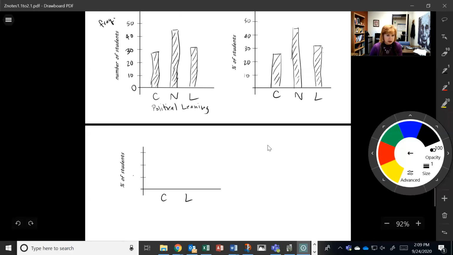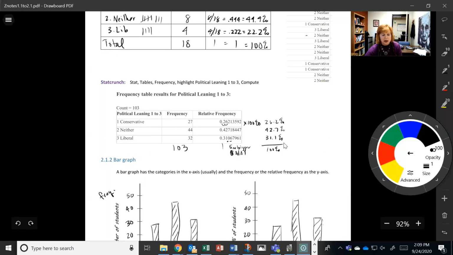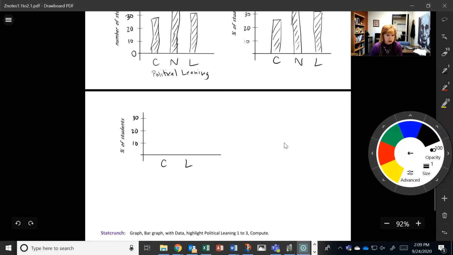So 10, 20, 30. The first one was 26.2. It's going to be about here. Again, I have to have 0 at the bottom. Liberals, 31.1. And that gives me a feel that there's a little bit higher percentage of liberals in our classes than conservatives.